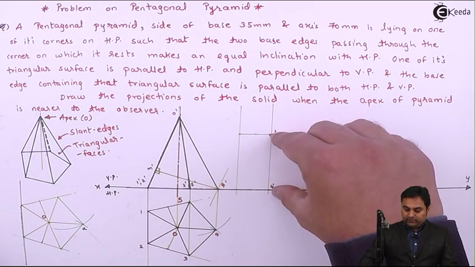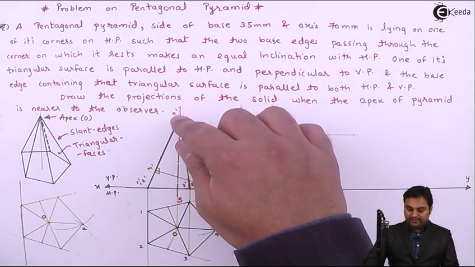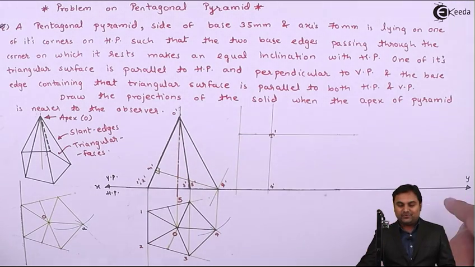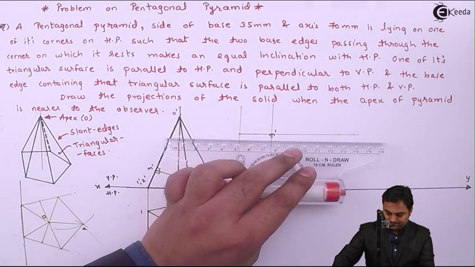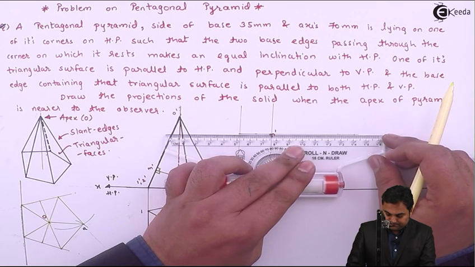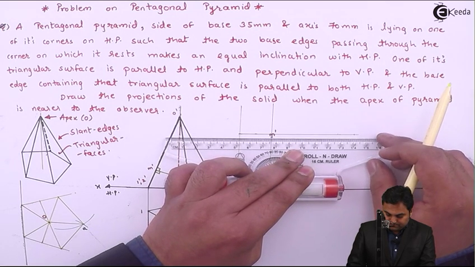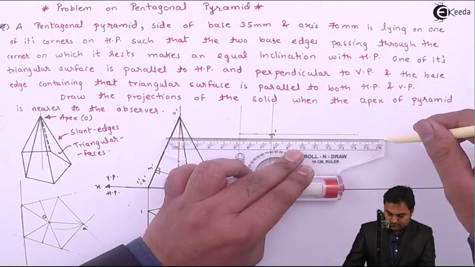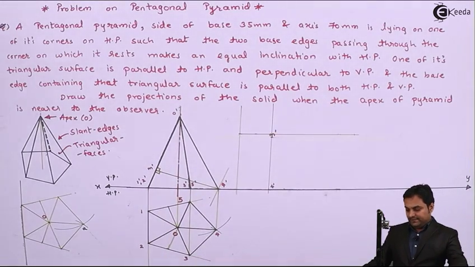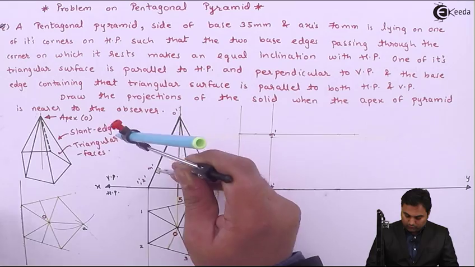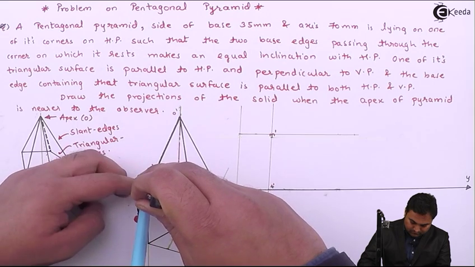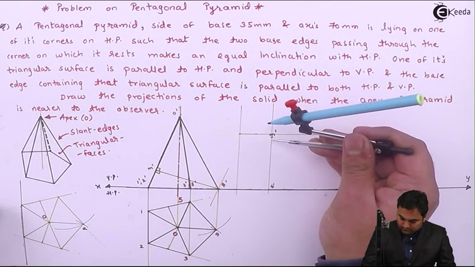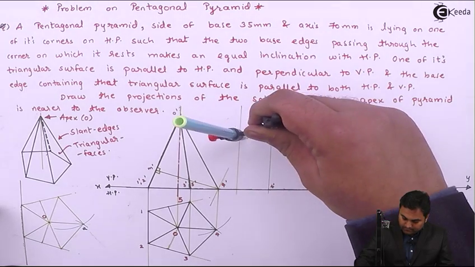So if I make one line vertical, that is 4 dash M dash, automatically O dash, 1 dash, 2 dash will become parallel to the XY line. So here through M dash I am drawing a light line, then I'll measure the distance from M dash to 1 dash, 2 dash, marking it here.